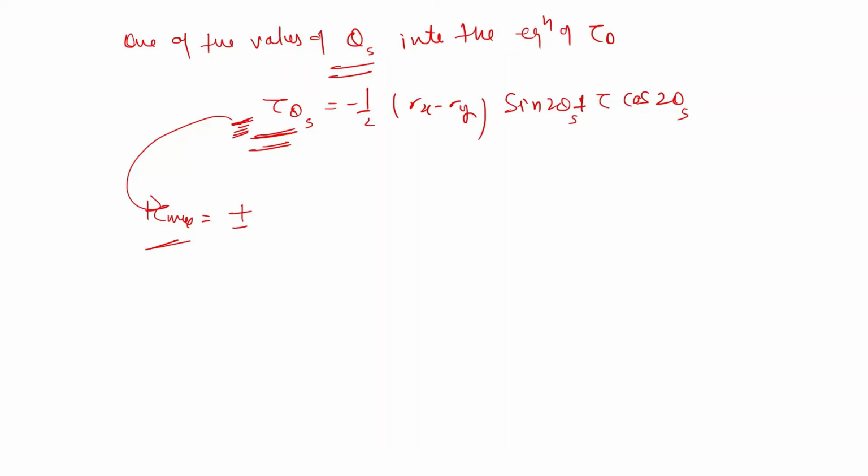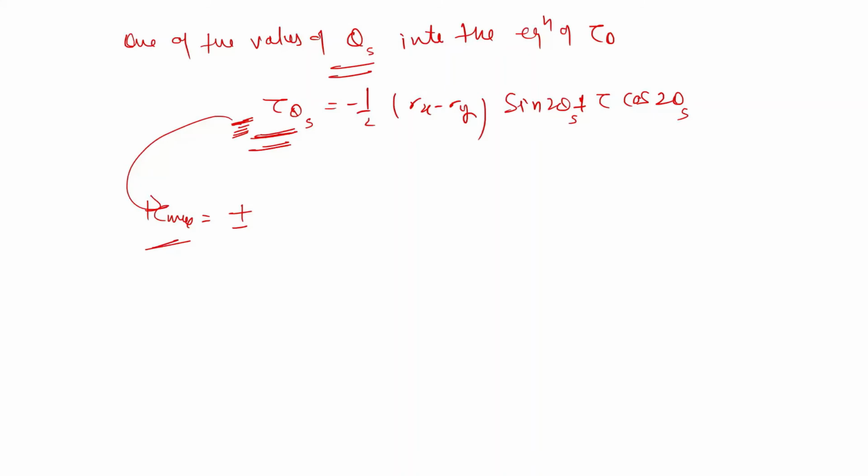So in this lecture we studied the maximum shear stress or principal shear stress. In the next lecture we are going to study the normal stress on the plane of maximum shear stress, that is, the values of direct stress on the plane of maximum shear stress.